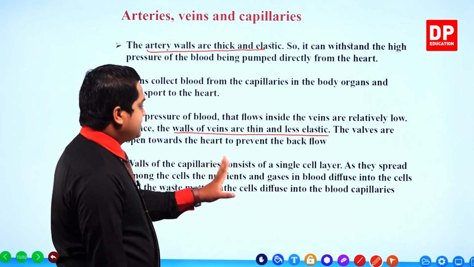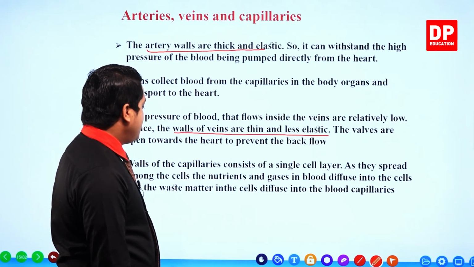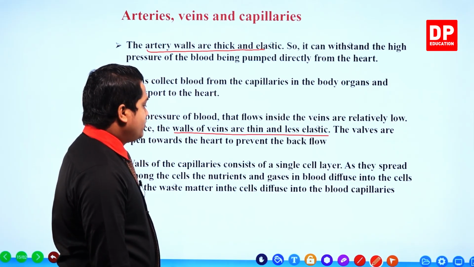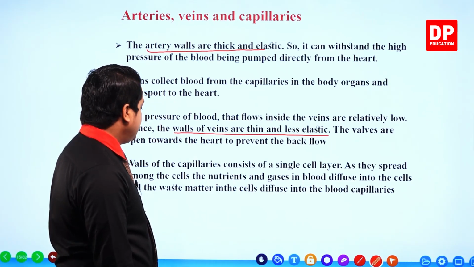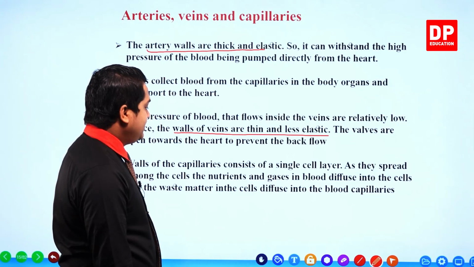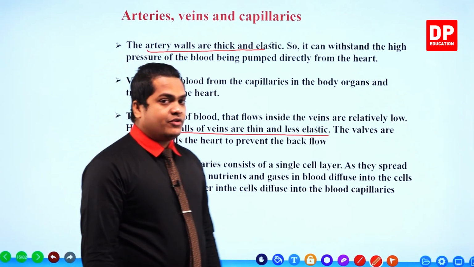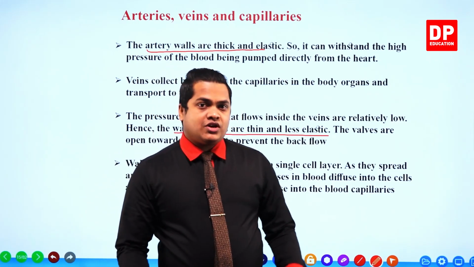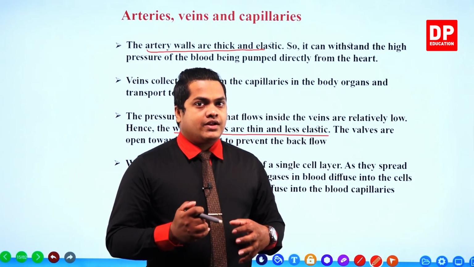Walls of capillaries consist of a single cell layer. As they spread among the cells, the nutrients and gases in blood diffuse into the cells, and the waste matter in the cells diffuses into the blood capillaries. I told you that blood capillaries are helpful in distributing blood all around the organs.